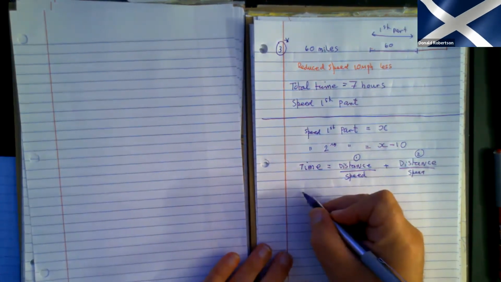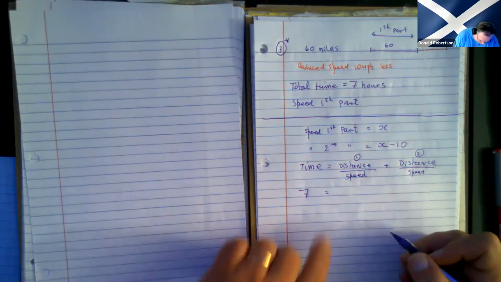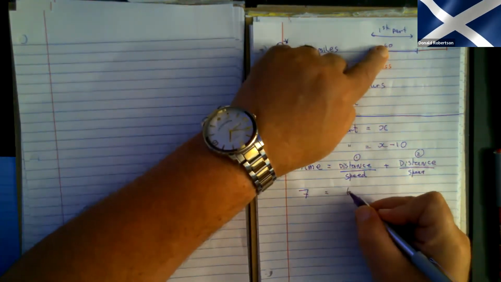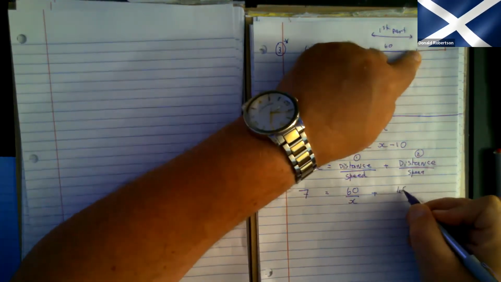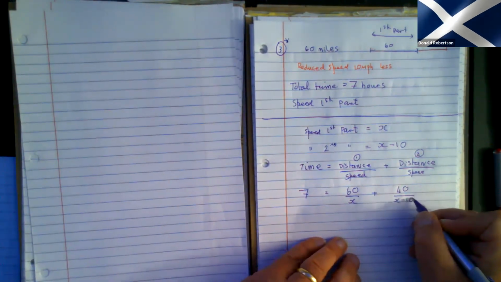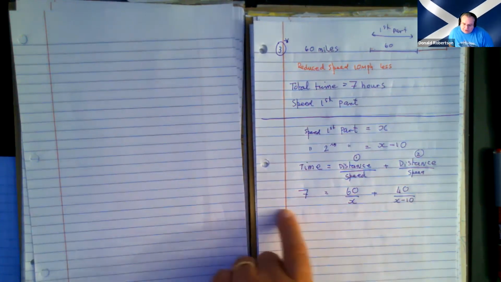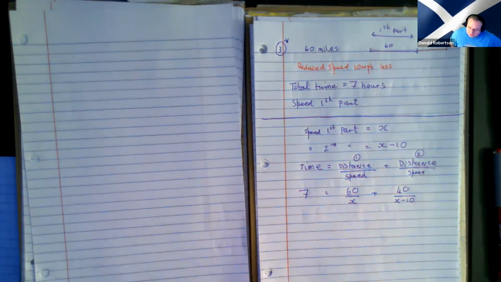So what do I know about the time? It took 7 hours. What is the distance? The distance is 60. What speed did you go? You went x. What's the second part? Well, the distance you travelled was 40. What was the speed you went at? And the speed you went at was x minus 10. So this is the equation that we're trying to solve.